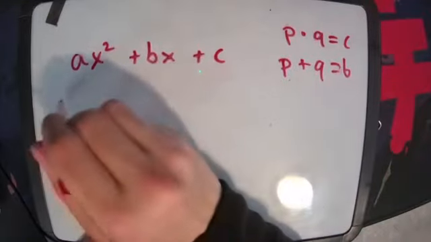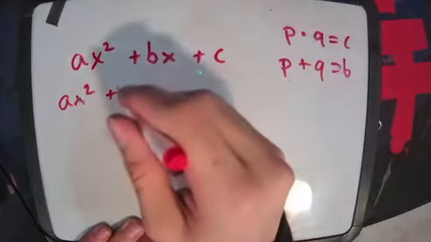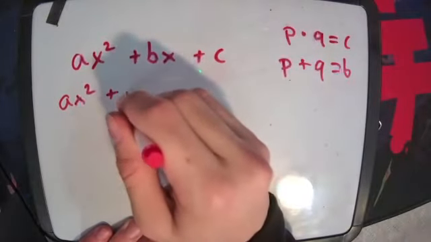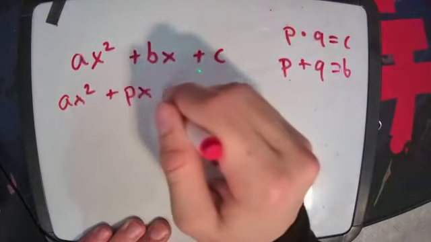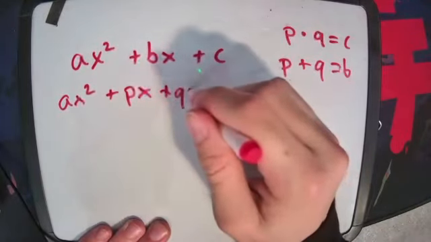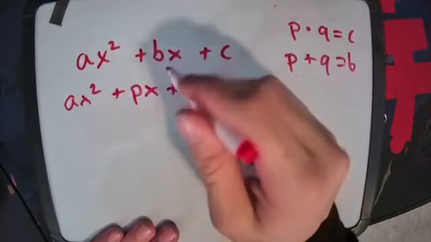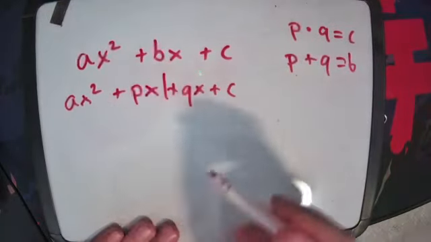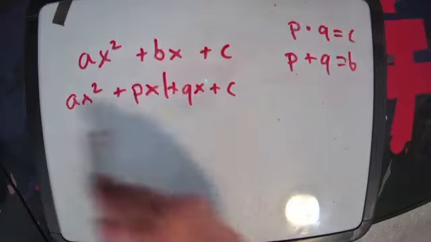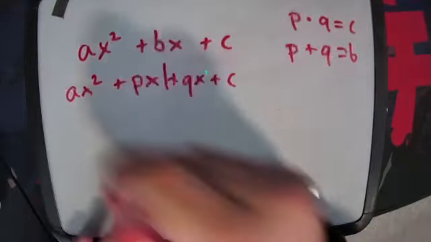So you have ax squared, and then you expand this to have px plus qx, and then you split this into two parts, and take out the greatest common factor of these two groups. So let's do some example problems.